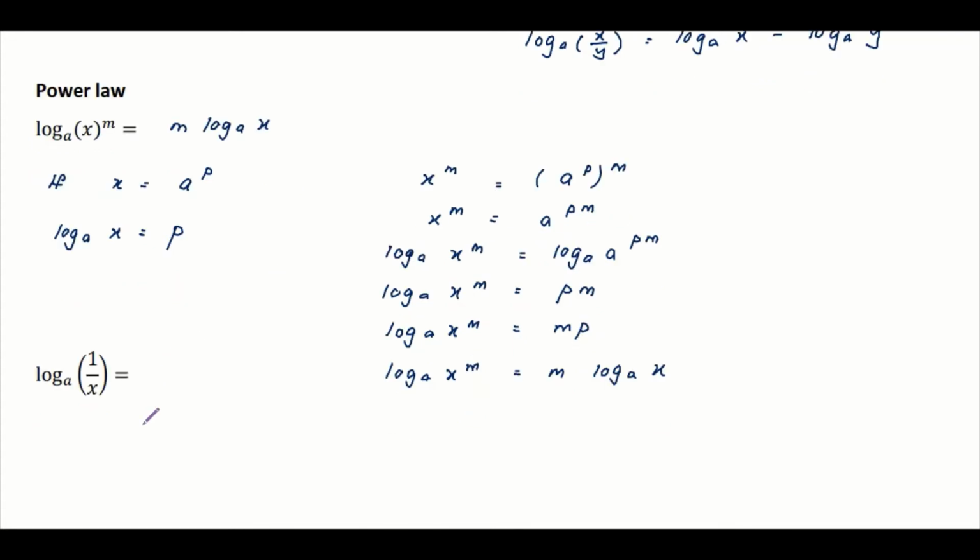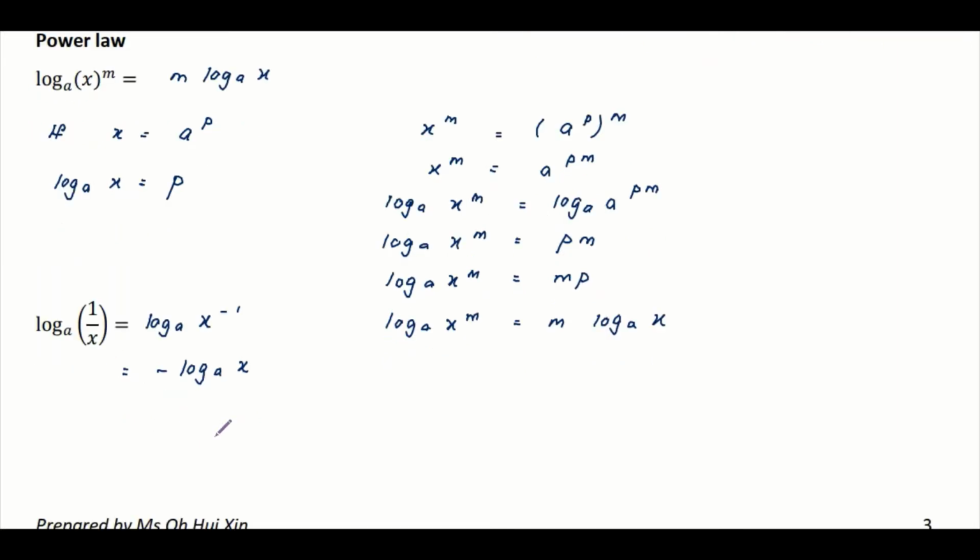The second one is the same thing as what you learned previously. If you have something like 1 over x, you can always write it as x to the power of negative 1, right? So that's why you will get a negative. Anything like 1 over x, you can normally change it into negative log_a x.